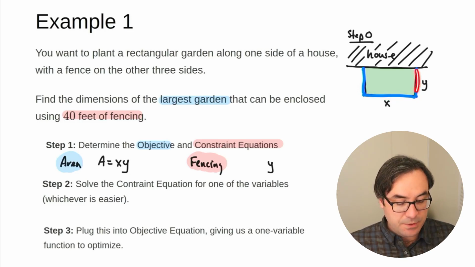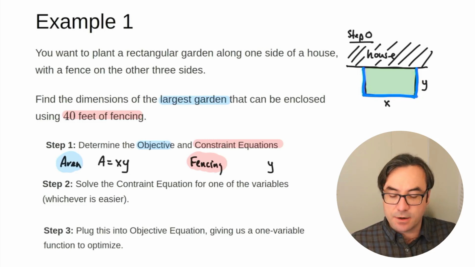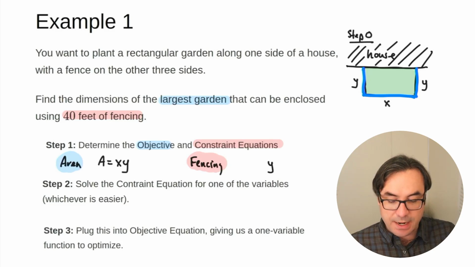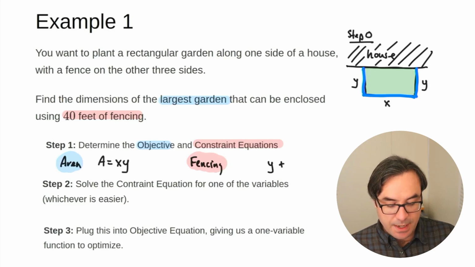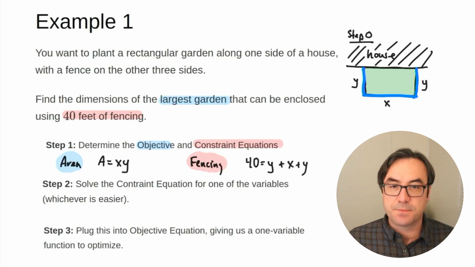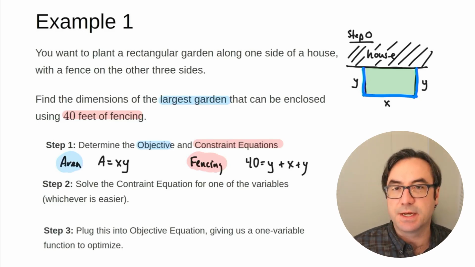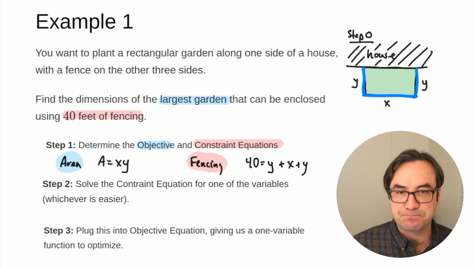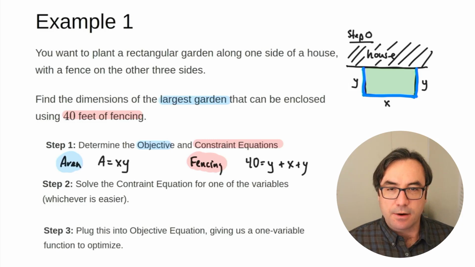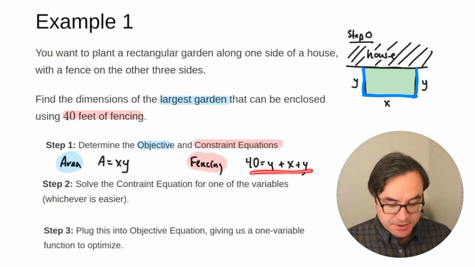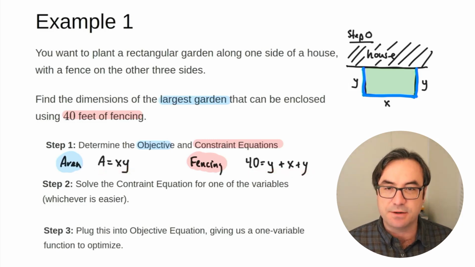So it would take y plus x, and then the amount of fencing over here also has dimension y. So it's going to take y plus x plus y, and we have 40 feet to work with. So we want the amount of fence to be as big as possible. So we're going to use all the fencing, so 40. All right, so this is our constraint, and this is our objective.